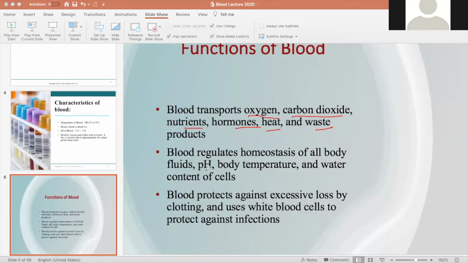All right, and we just talked a little bit about this pH, so we know that blood also has the role of regulating. And then a little bit later, we're going to see that blood protects the body. So let's look here. We're going to start right here with the very first 3 words. Blood transports oxygen. So we want to know, how does that actually happen?